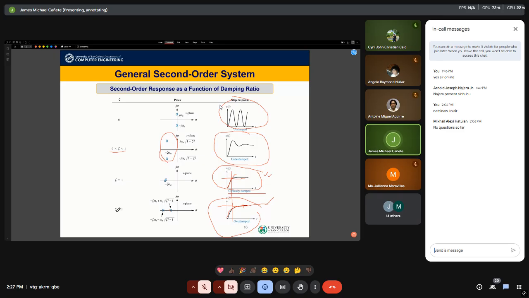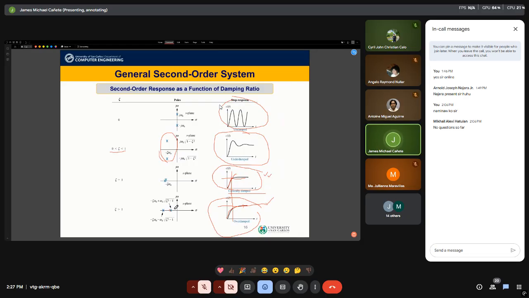And if zeta is greater than 1, you will get the overdamped system. It has no imaginary component in its roots, its poles.